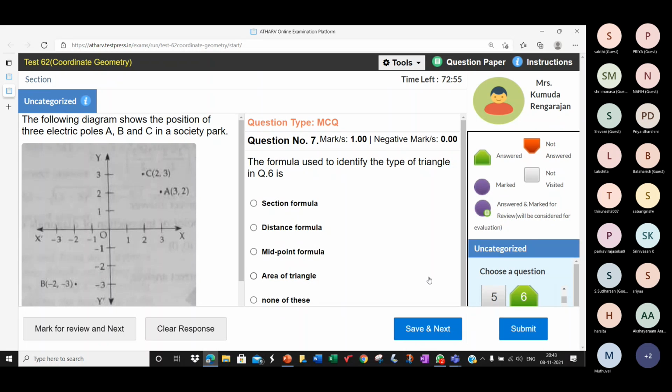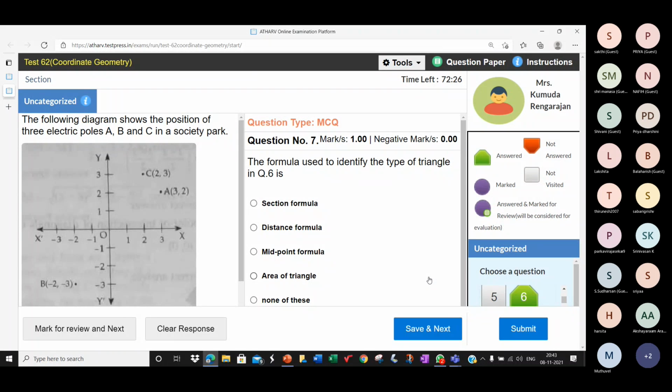What is the formula used to identify the type of triangle in question number 6? Distance formula, ma'am. Yeah, we used the converse of Pythagoras theorem, but it's not a given formula.